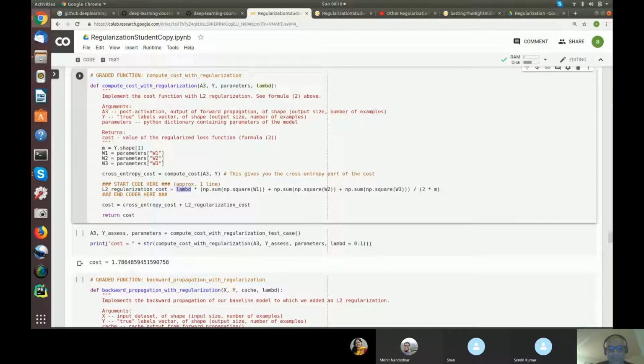So NP is the NumPy library, and np.square squares all the numbers in the matrix, and np.sum adds them. So we square all the weights, we add them up, divide that by 2m, and we multiply that by lambda. This is the regularization cost.